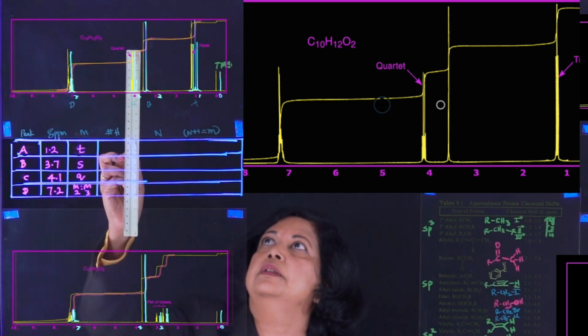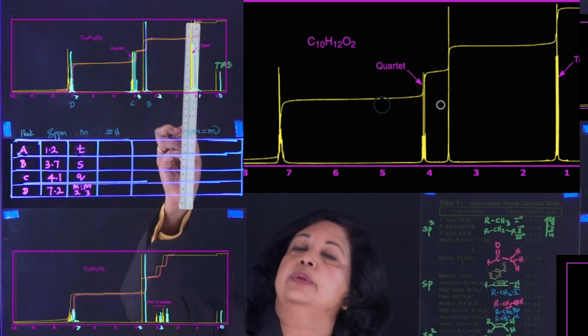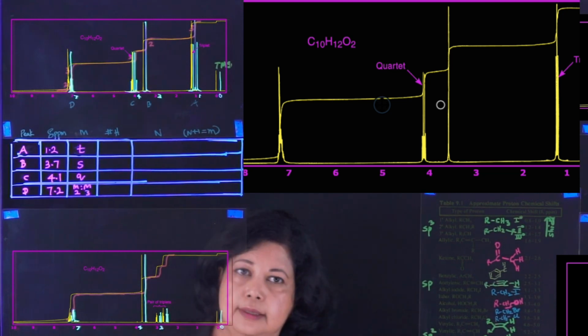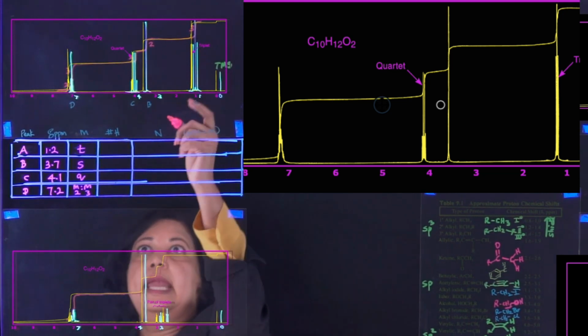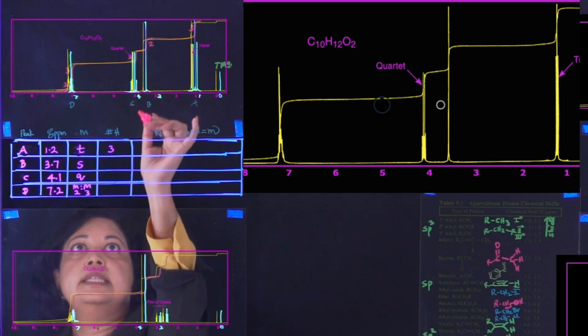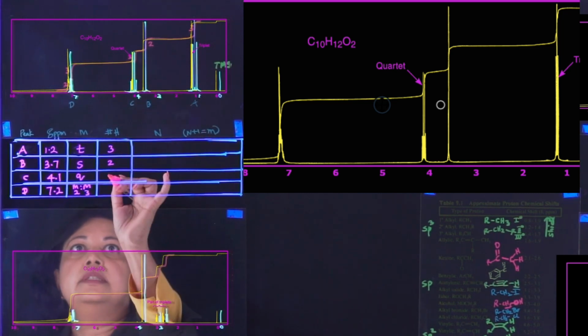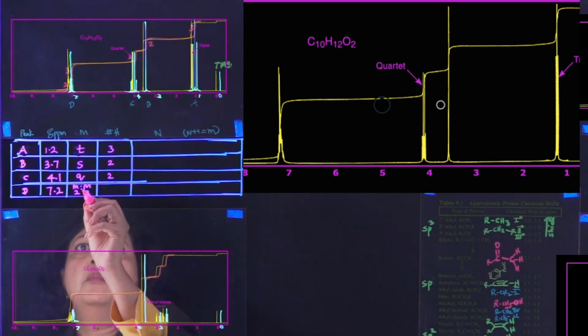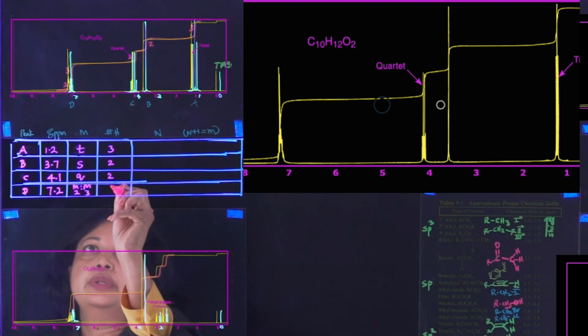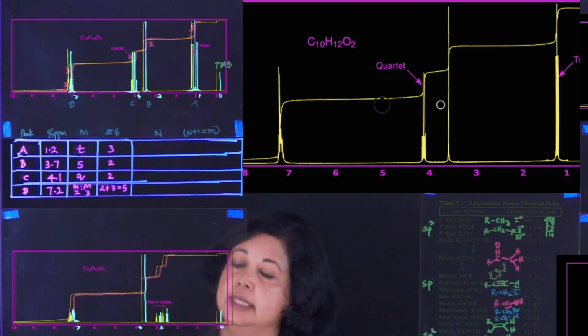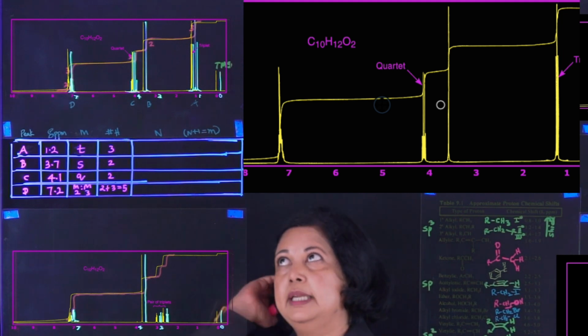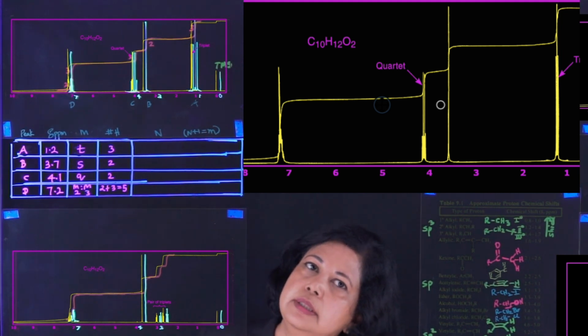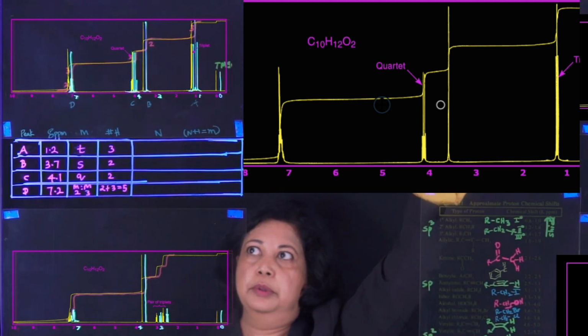This is 2, 2, and 3. So let's see. A has 3 hydrogens, this has 2, this has 2, and this has a 2 to 3 ratio, 5 hydrogens underneath the benzylic hydrogen. So that means it is mono-substituted. It's just got one arm to hold somebody.